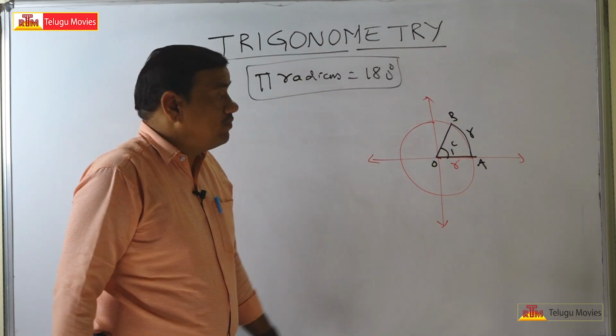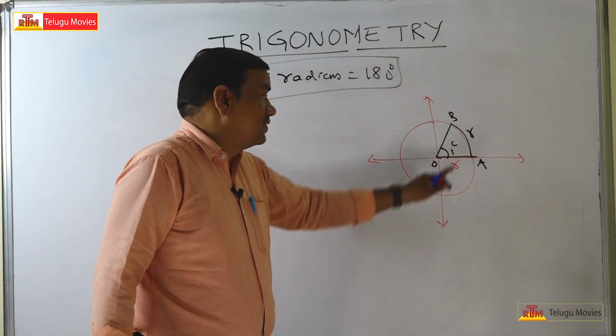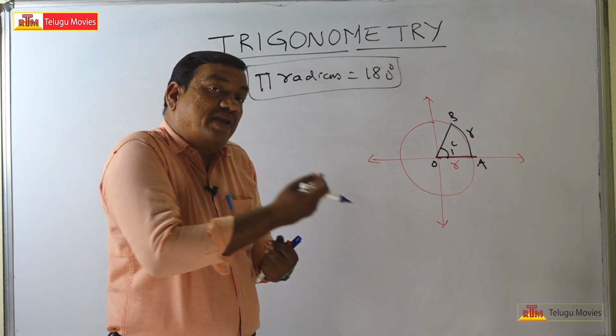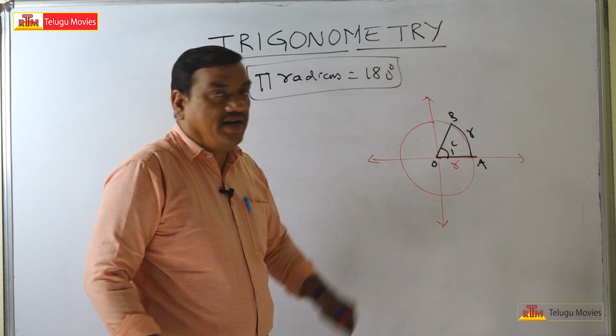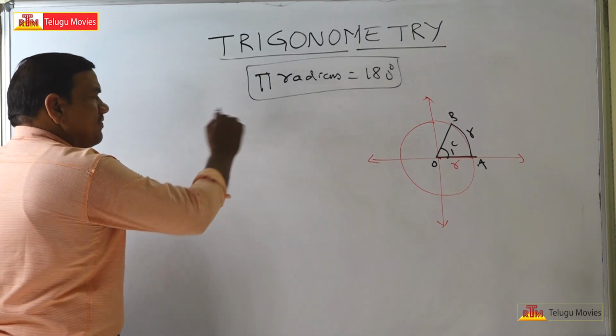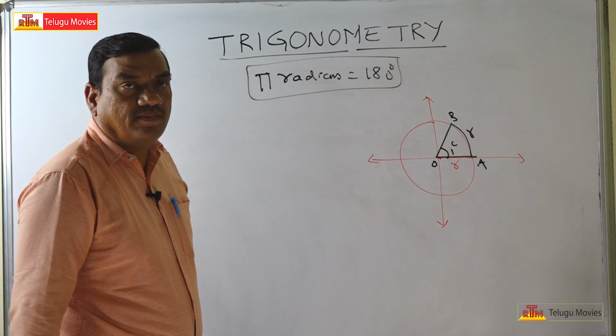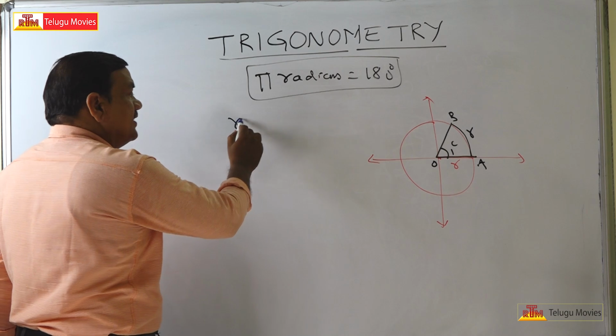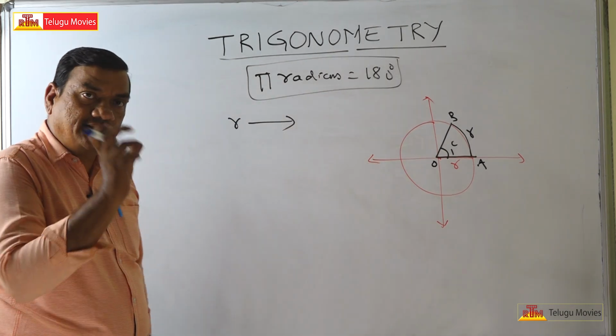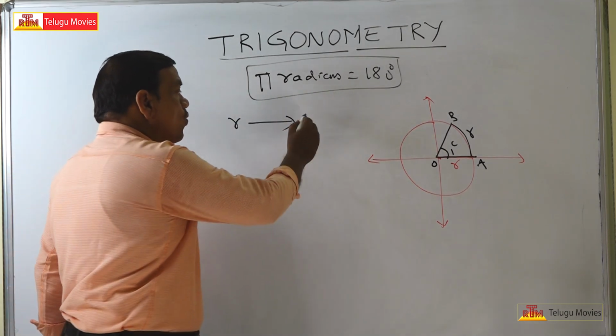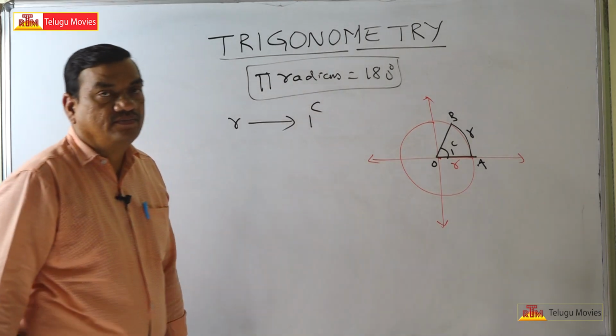What is the length of the arc AB? r. It is making how much angle? 1 radian. That means very simple, I will tell: r length arc making 1 radian at the center.